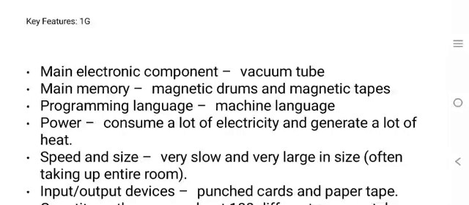These are the main key features of the first generation computer. The main electronic component is the vacuum tube. Memory is magnetic drums and tapes. And here we use machine language as the programming language. It consumes lots of electricity, so it generates lots of heat.